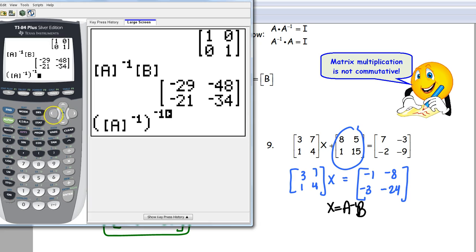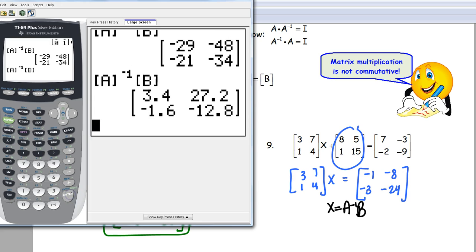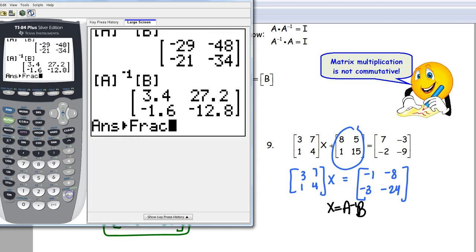Oh boy, that's not what I wanted. Let's try that again. Second matrix A, inverse, second matrix B. And you get this. And again, if you'd like, you can math frac that.